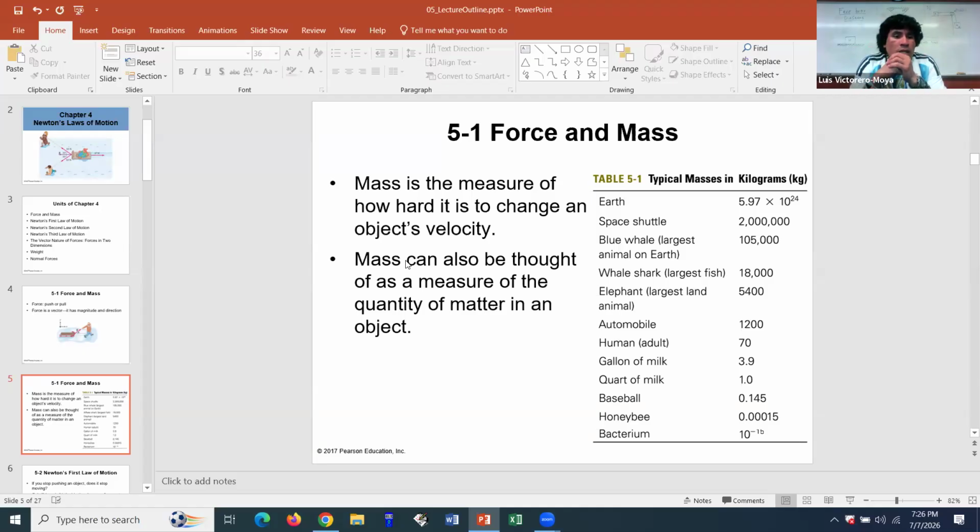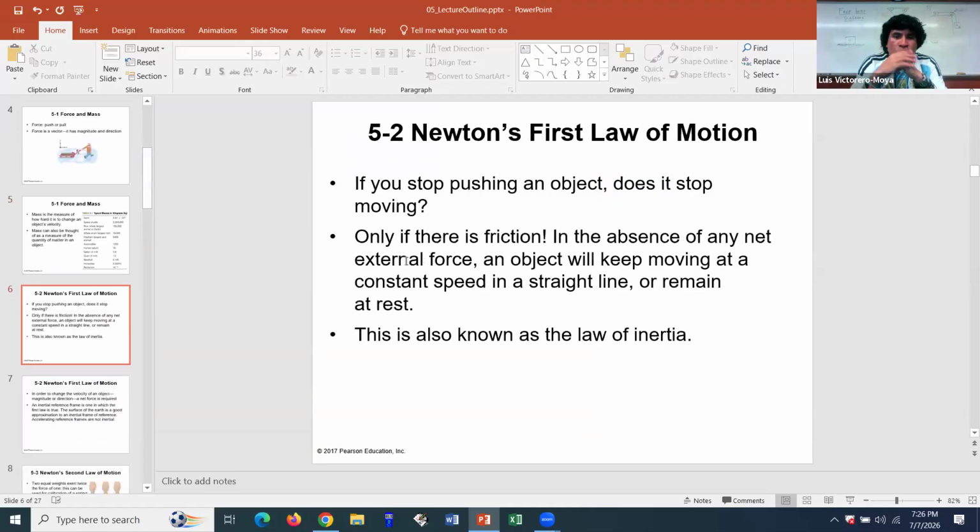So mass and inertia are related. And by the way, that introduces Newton's first law. Newton's first law is also known as the law of inertia. And it's basically this: a body will remain in its state of motion unless a force acts upon it. In the absence of any external force, an object will keep moving at constant speed in a straight line or remain at rest.